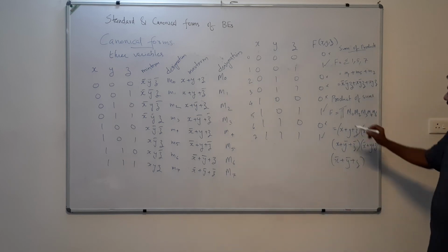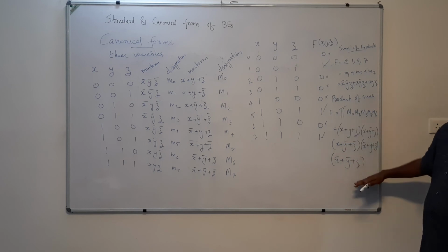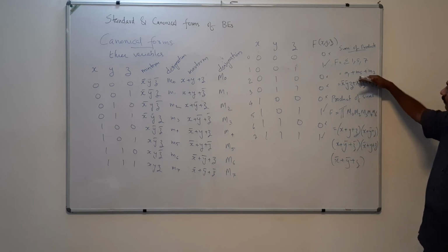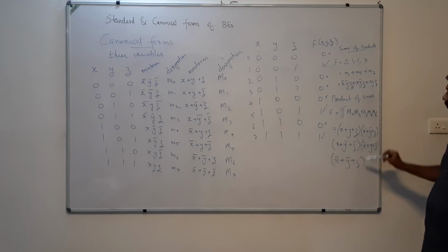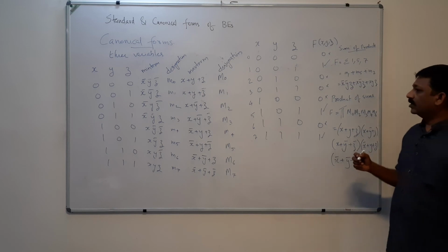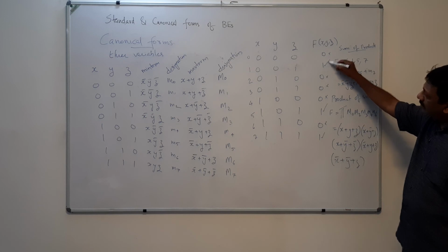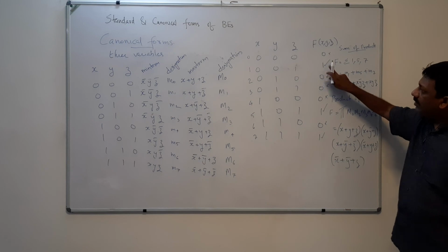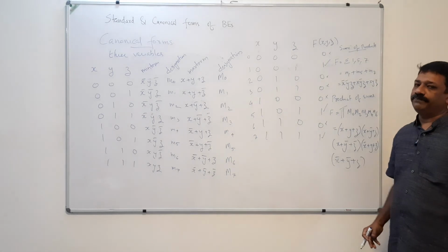That means this is a function which is the product of sums. This is sum of products. Both are the same. For generating sum of products form, you have to select those rows where there are ones, select the min terms corresponding to that, and then take the sum.